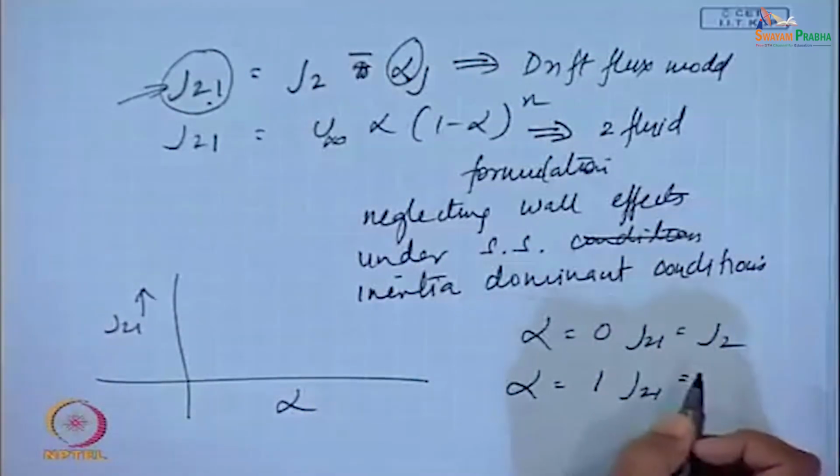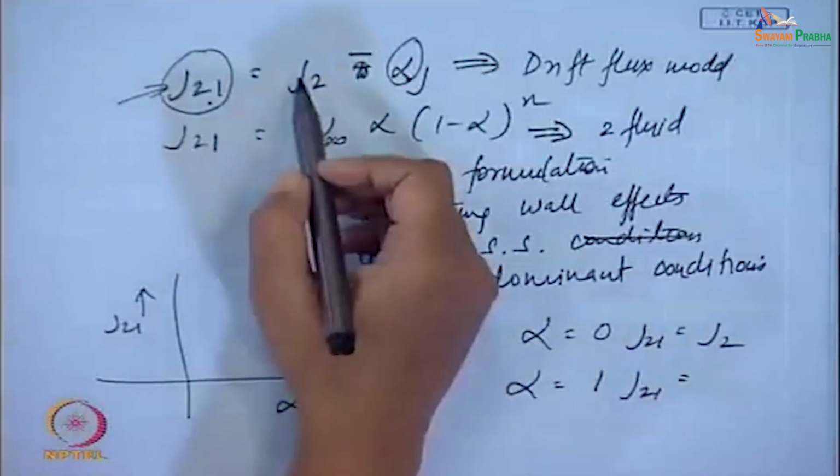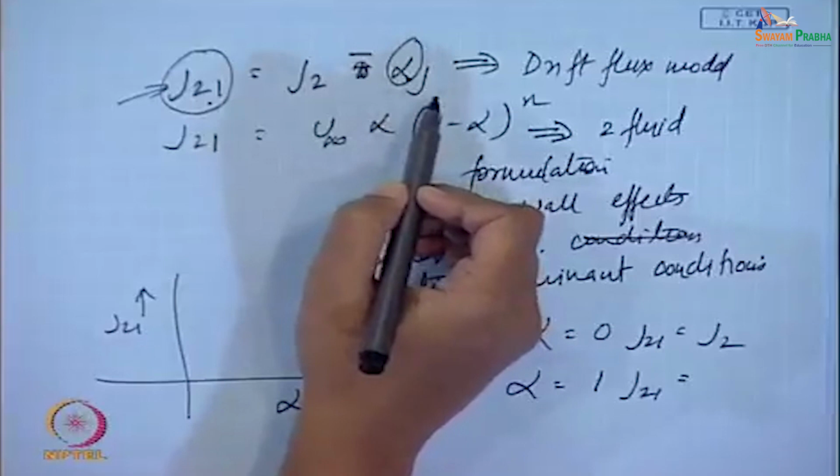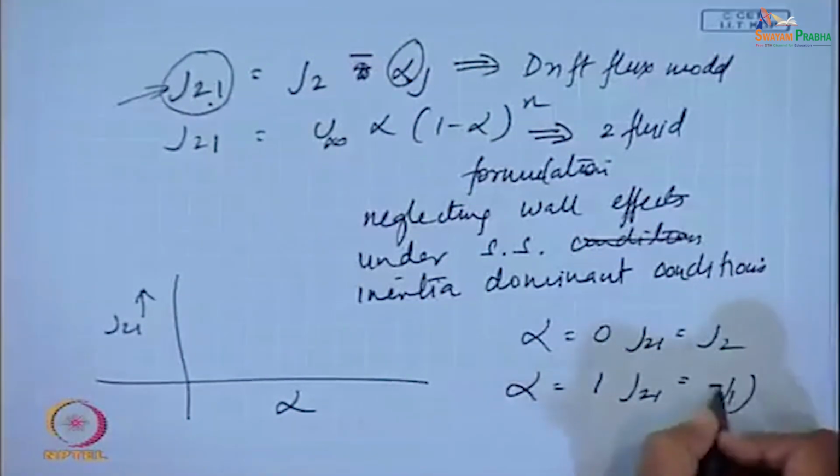This is J2 minus, sorry, minus alpha j. So, when alpha equals 1, this becomes J2 minus j, and j is J1 plus J2. So, therefore, this becomes minus J1.